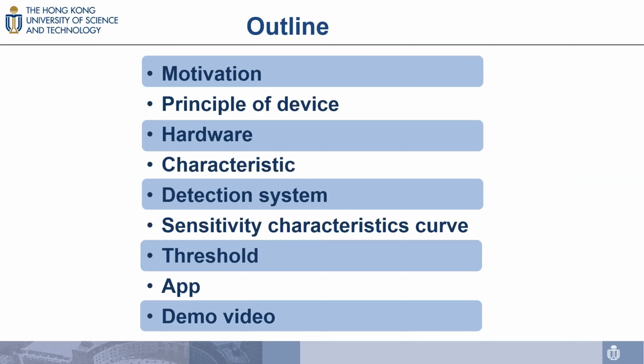Then we show the whole effectivity. We will also show and talk about the sensitivity characteristic. And we will introduce the threshold gas concentration that we get for our device. We will then show how we send our gas concentration to a smartphone, and last but not least, we will demo the product.